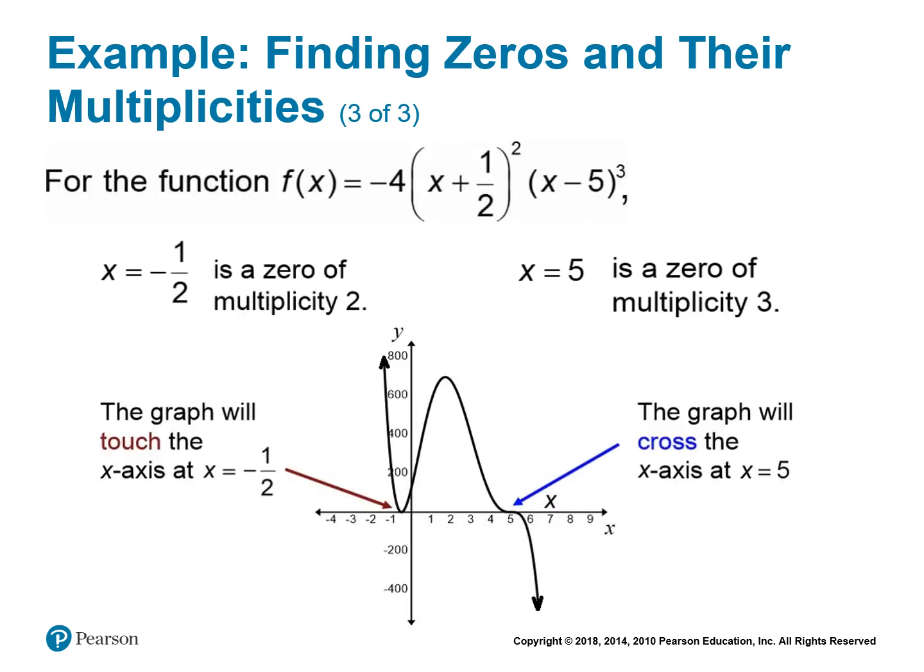Let's look at how the graph will look now. We said that when multiplicity is an even value, in this case minus half had multiplicity of 2, then the graph will change direction. It'll touch the graph at x equals negative half and it'll change direction, it'll go up.